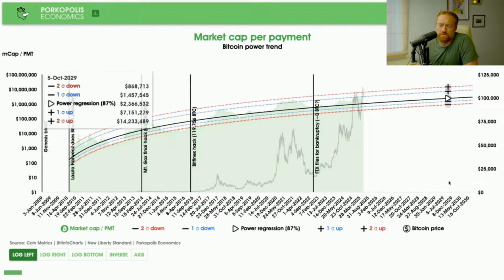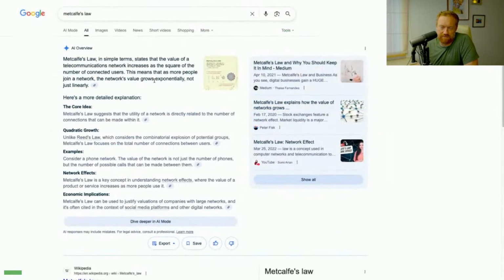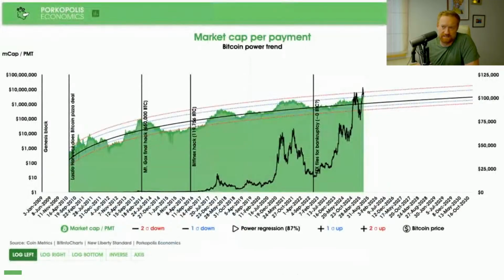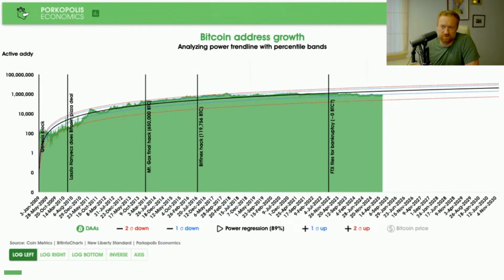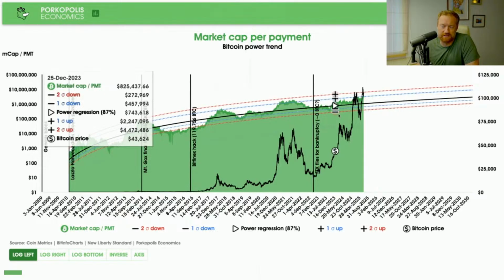So it is a Metcalfe. Bitcoin definitely is a Metcalfe type of a phenomenon. I'll keep adding to this to come back to this. I've shown this one before and this one before. I don't think I've shown per payment.